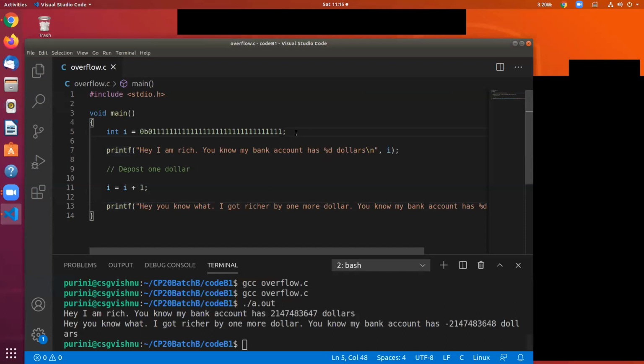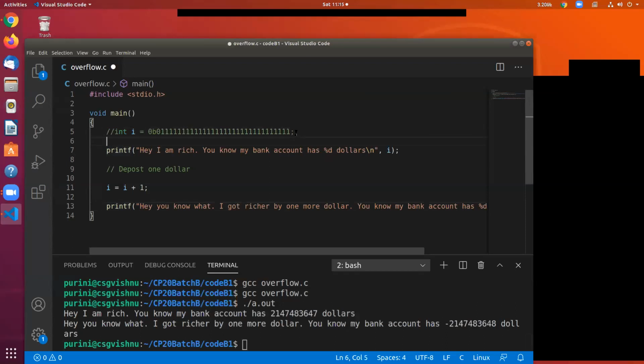So now we can write something like this. Int I is equal to 0x 1, 2, 4, 7 ff. So this 7 corresponds to 0, 1, 1, 1. And then we have all the f's.